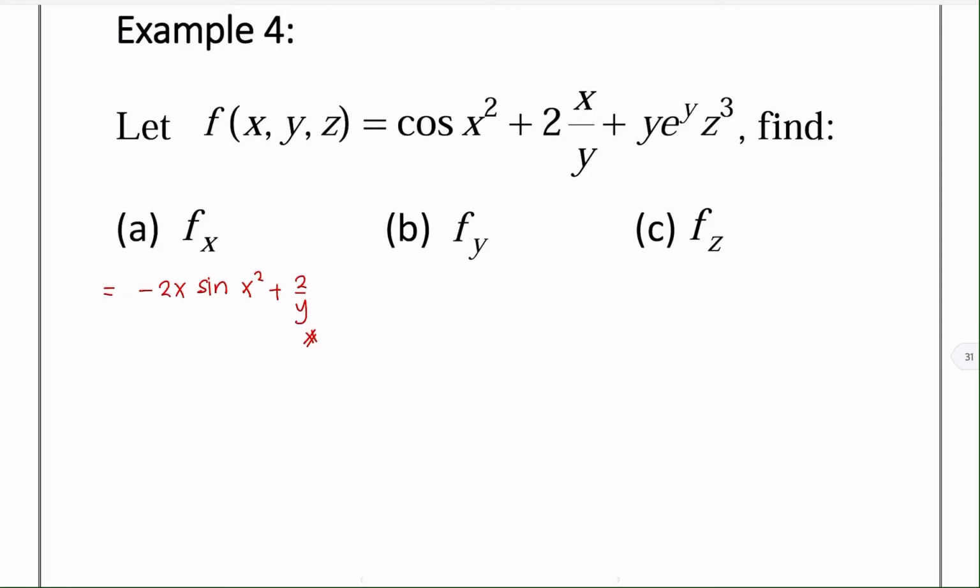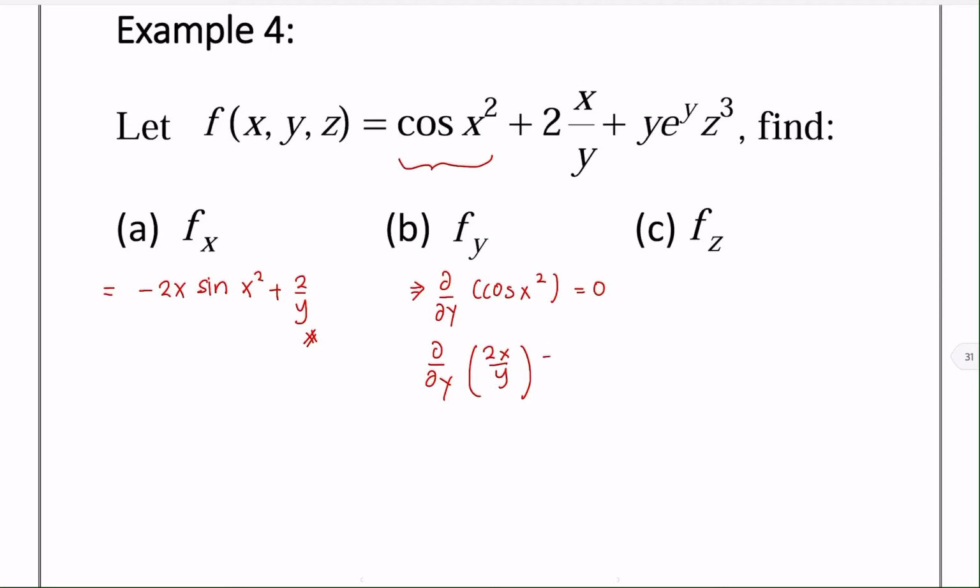How about f_y? For f_y, look at the first term, cos x squared. If we differentiate cos x squared, we obtain 0, because that is a constant. Then we differentiate 2x over y.